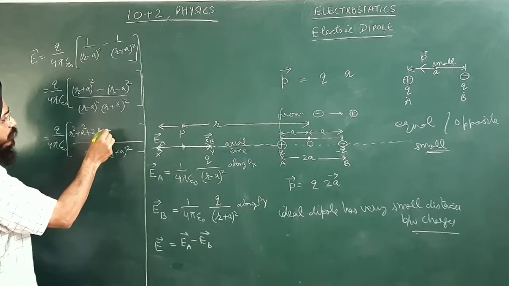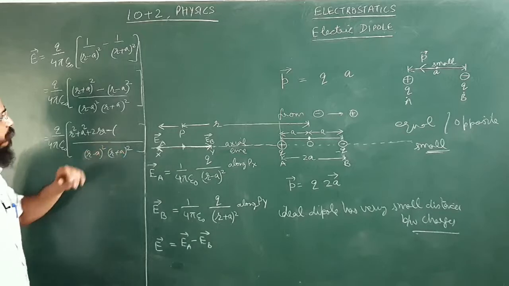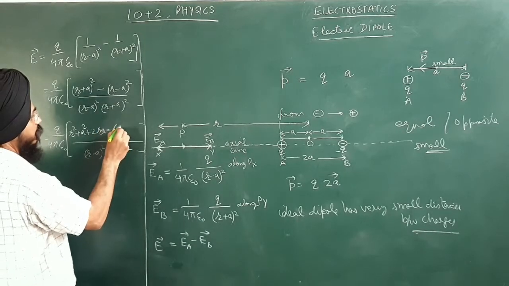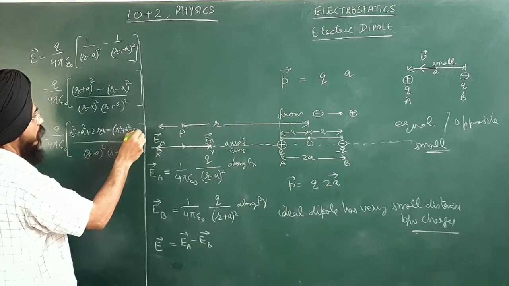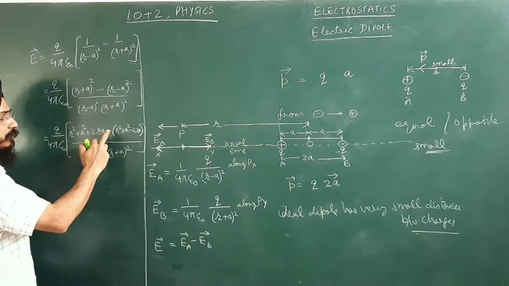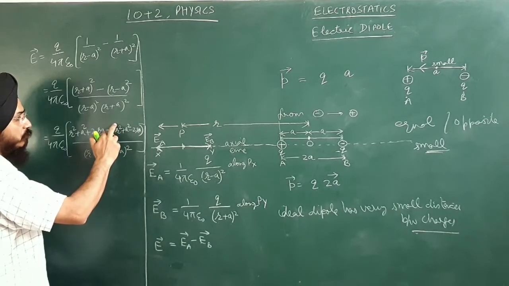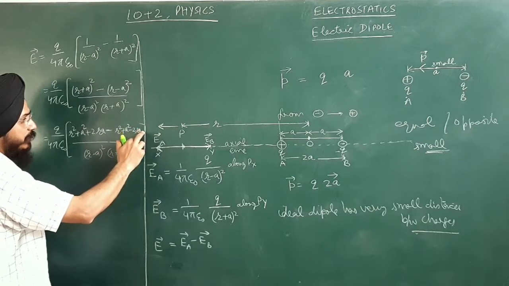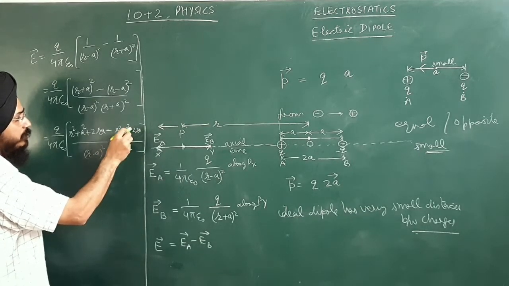As here is a minus, I will prefer to write a bracket. So it is r square plus a square minus 2ra. Now when you open this bracket, this negative sign will change the signs of the inner terms. So I am deleting this bracket and the signs are changed, minus and plus.